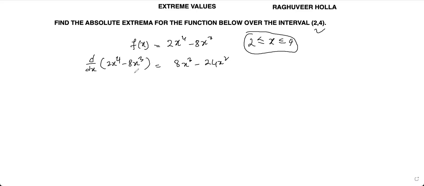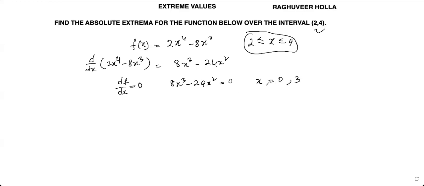Before taking the second derivative, we'll solve for df by dx equated to 0. So 8x cubed minus 24x square is equal to 0. So we find x values are 0 and 3.